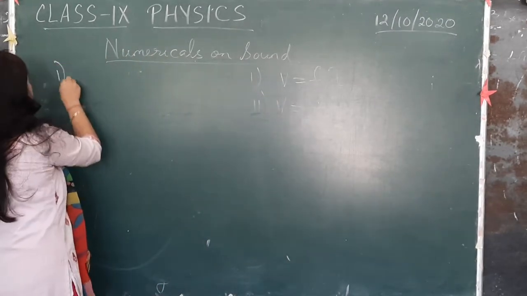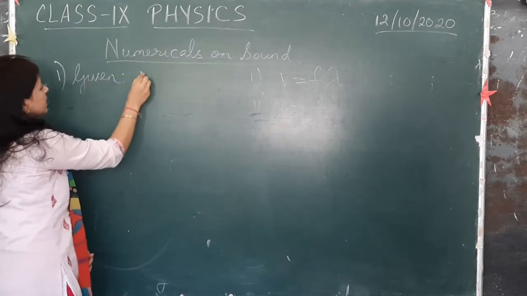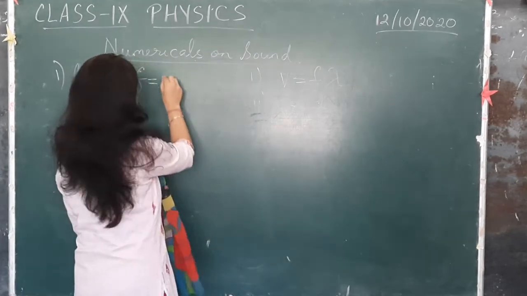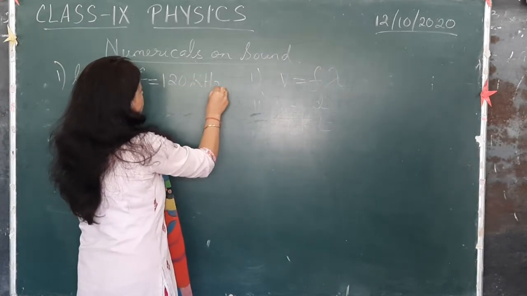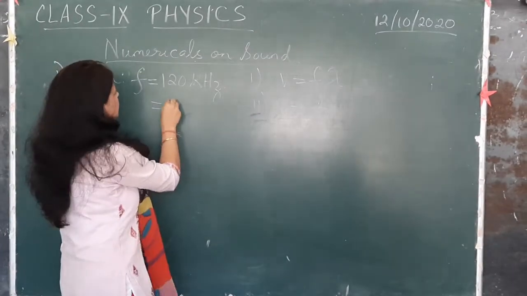Question number 1, given: frequency is equal to 120 kilohertz. You need to convert this into the SI unit, that is into hertz.